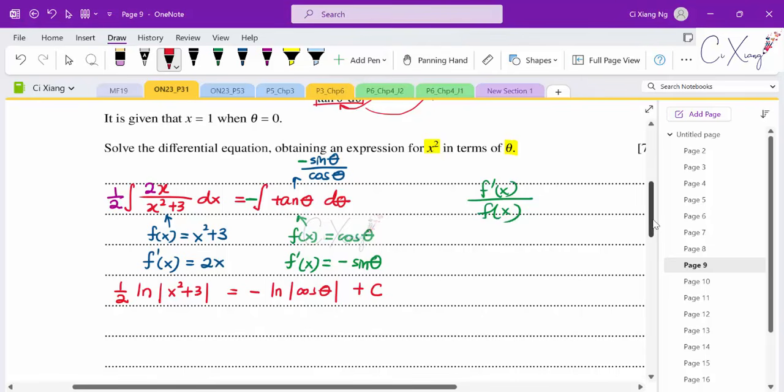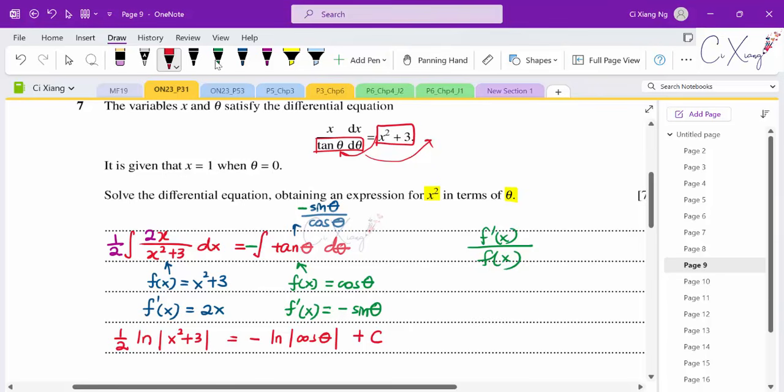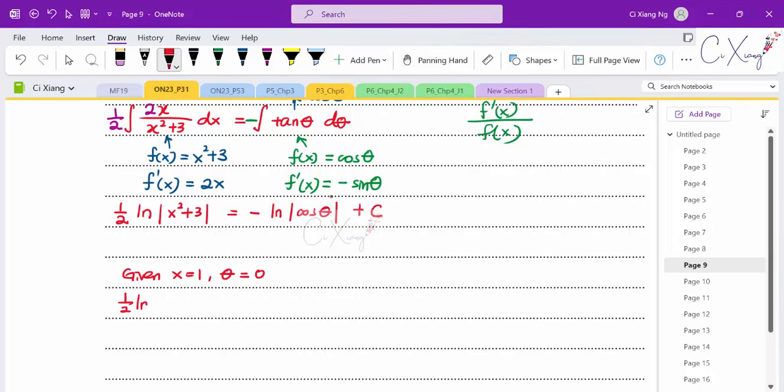Okay, so continue further. After the integration, the next thing is we are going to find out the value for the constant. So how to find the value of the constant? Look for the initial value that they give us in the question. They are telling us that when x equals 1, theta equals 0. Substitute the values inside the solution that we have.